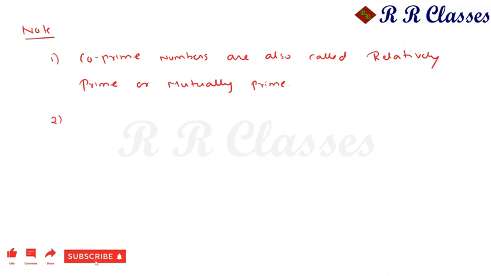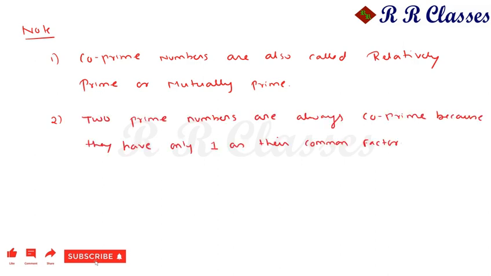Now, second note. So, there is a question in the mind. Can I call two prime numbers coprime? Yes, I will call two prime numbers coprime. Two prime numbers are always coprime. Why? Because they have only one as their common factor.